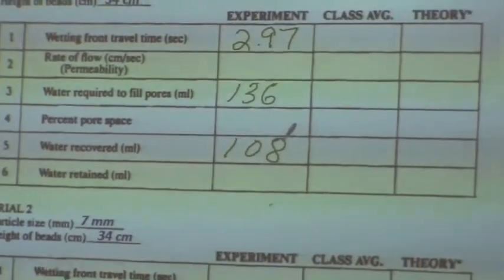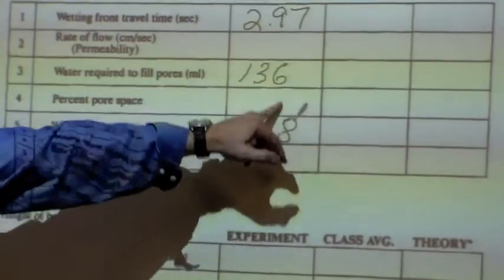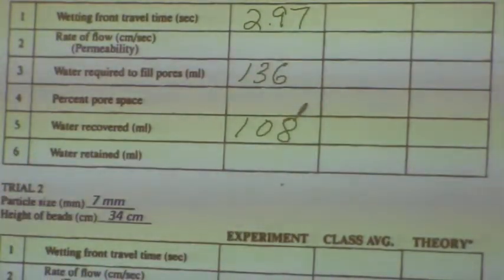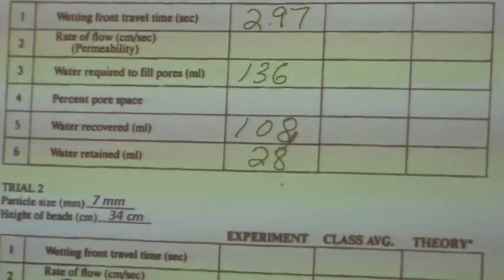So how much water is still clinging to those particles? 136 minus 108. You do the math in your head, and you get 128. No, you get 28. So the water retained is exactly 28 milliliters.